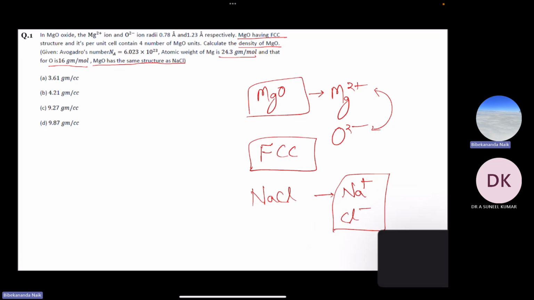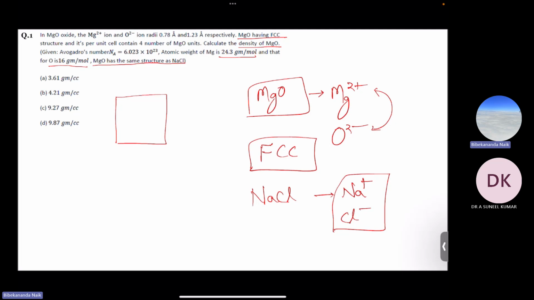In this question, it is given magnesium oxide has FCC structure, and for FCC we know the number of atoms per unit cell is 4. In the last interaction session, it was also discussed. FCC means face centered cubic. It is a cubical structure, and there are atoms at each corner of the cube.